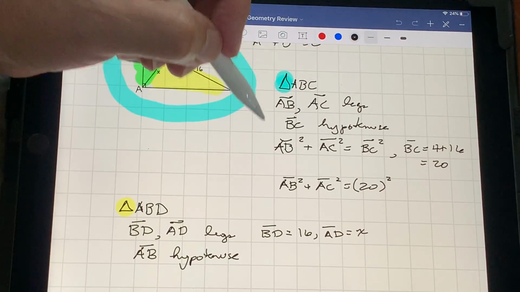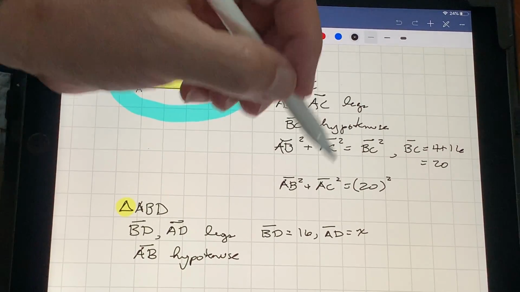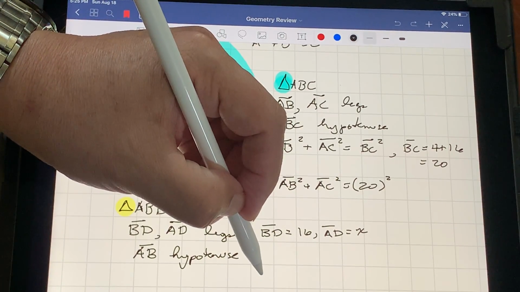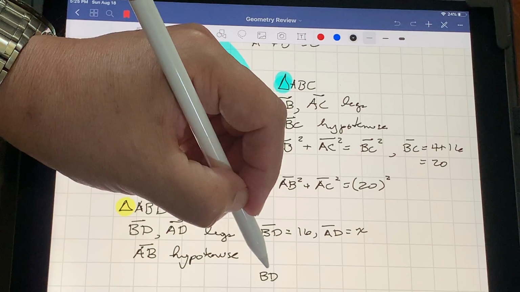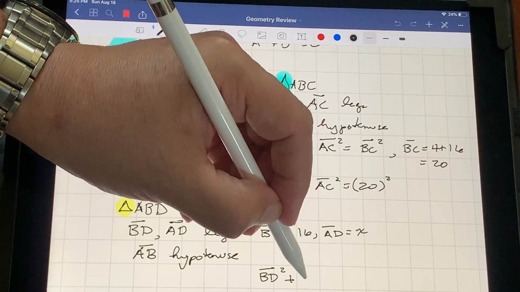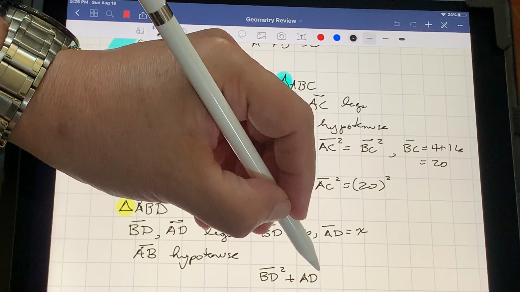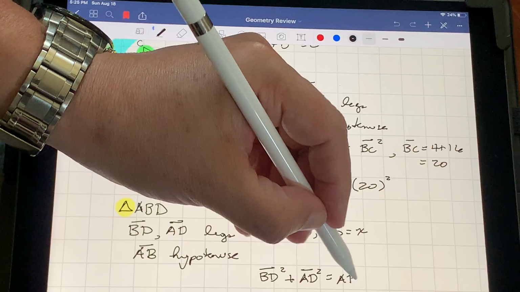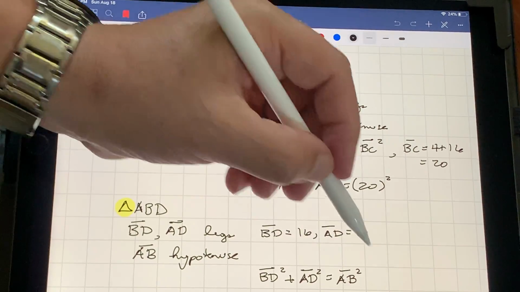So my formula in this case would be BD squared plus AD squared equals AB squared.